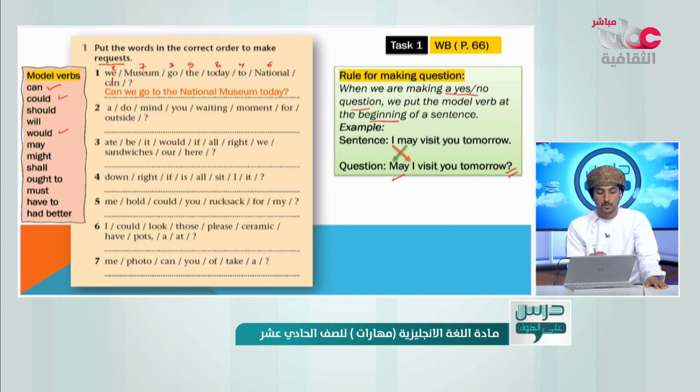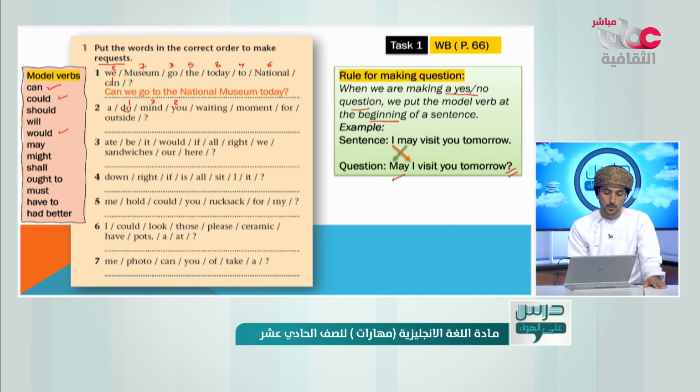Now I'll give you some time to answer number 2. Try to answer number 2 yourself. Okay, dear student, think about it. I think you will be able to figure out and find the answer yourself. Okay, let's now see. First of all, we should start with the verb. We have got here do. Then the pronoun you.